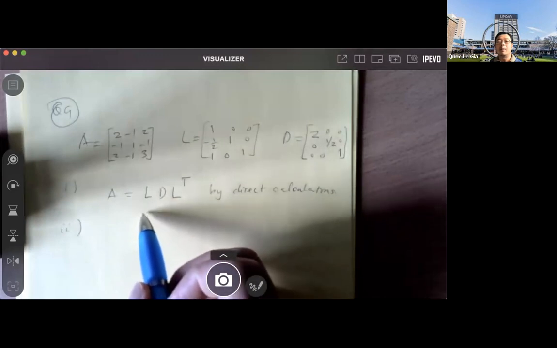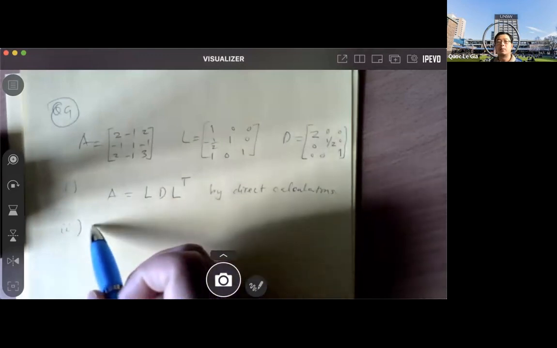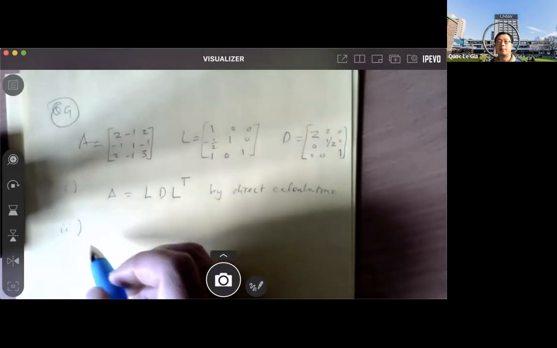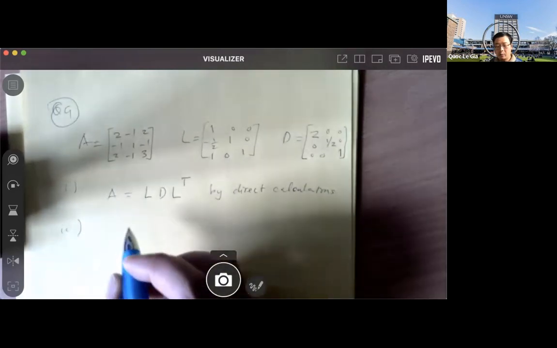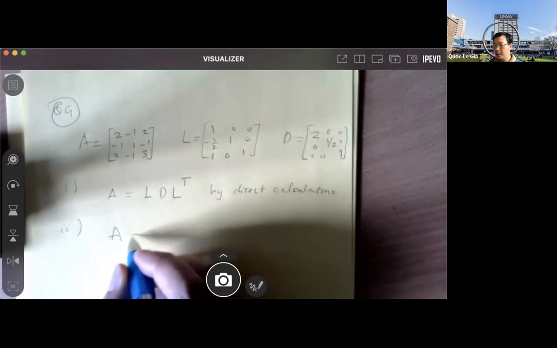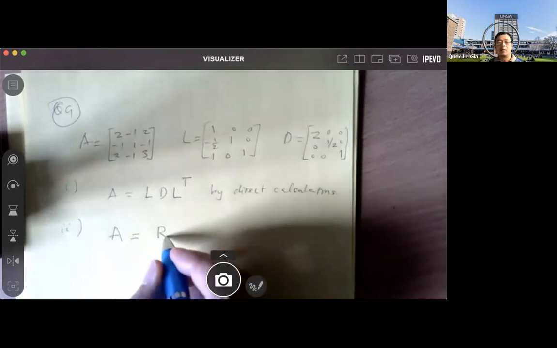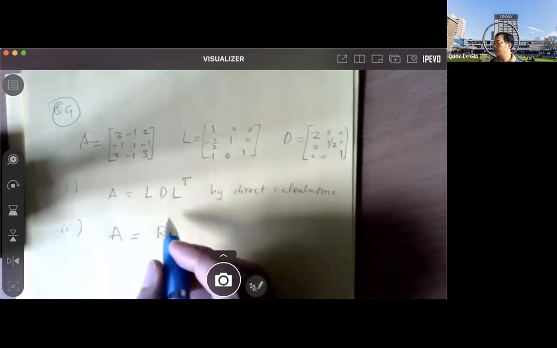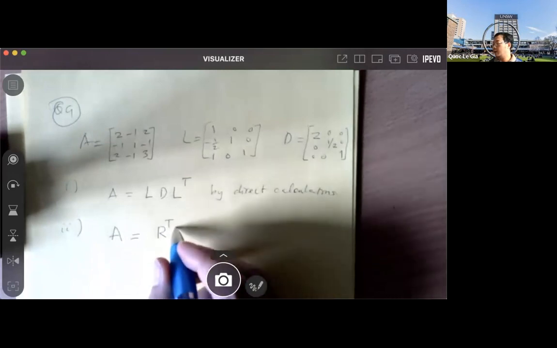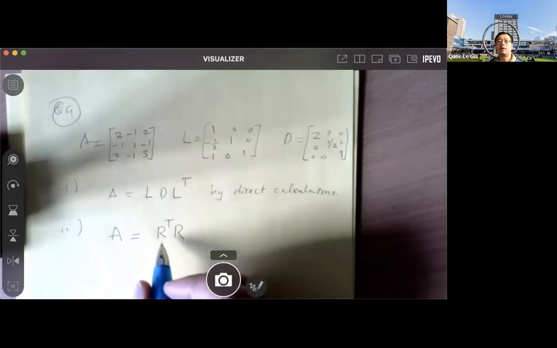Now I'm starting to talk about question 8 part 2, right? So now we try to find the Cholesky factorization of the matrix A. Based on this relation, I try to find the matrix.